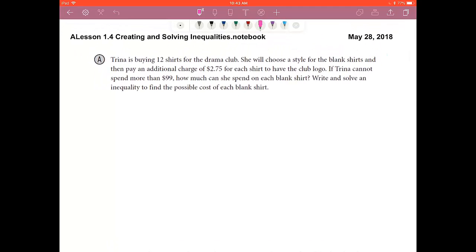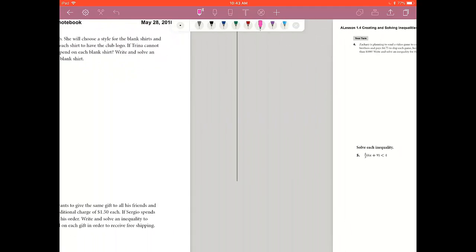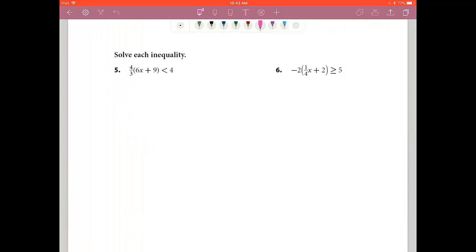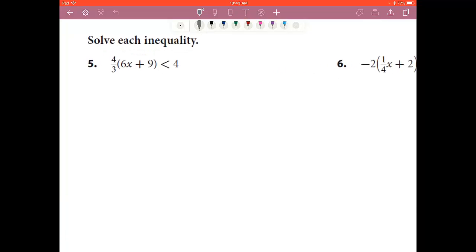So let's practice. I'm going to go to this example right here. We're going to practice with these inequalities. We have 4/3 times the quantity 6x plus 9 is less than 4.